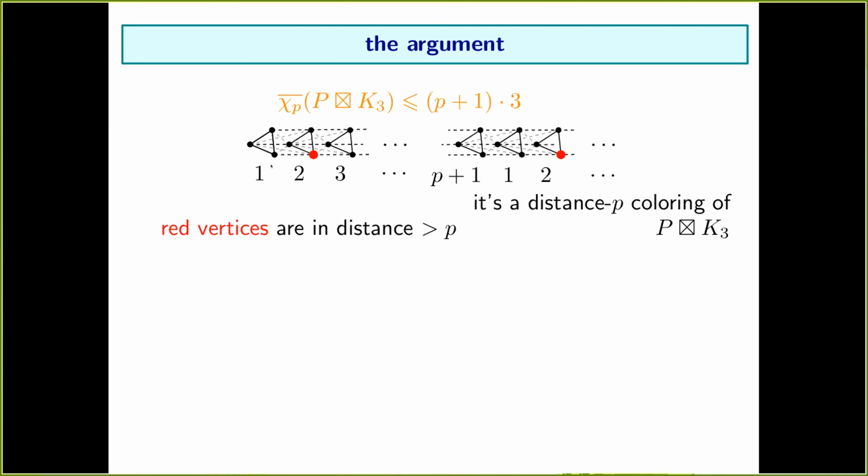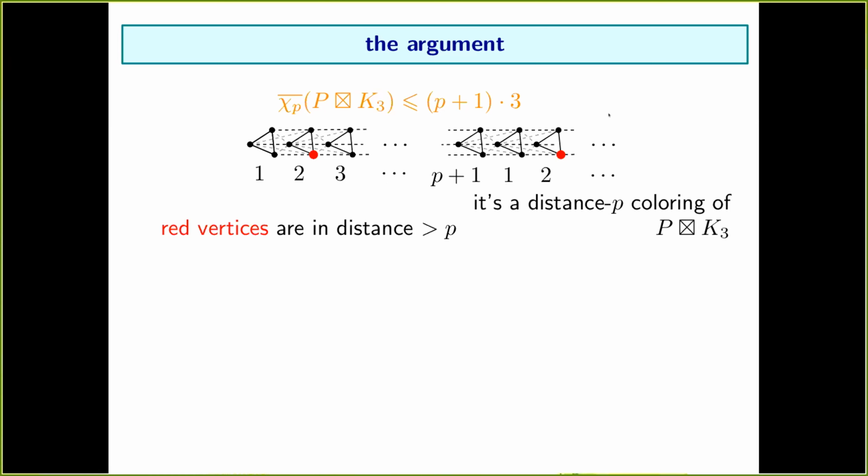This is the graph P cross K3, right? We enumerate the consecutive triangles with integers modulo p plus 1: 1, 2, 3, up to p plus 1, and then again 1, 2, 3. Within each number, we use 3 shades of colors. That's the coloring, so we are using 3 times p plus 1 colors.